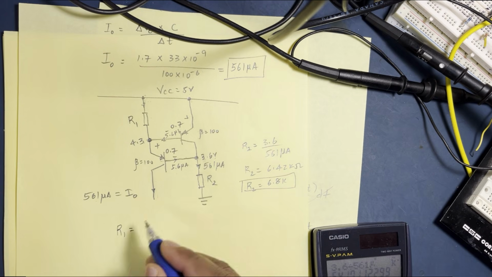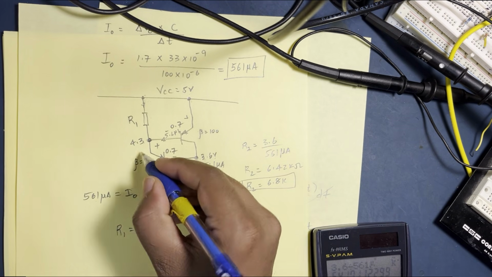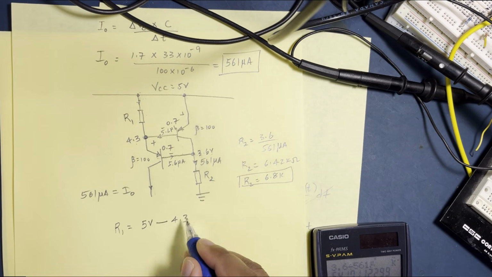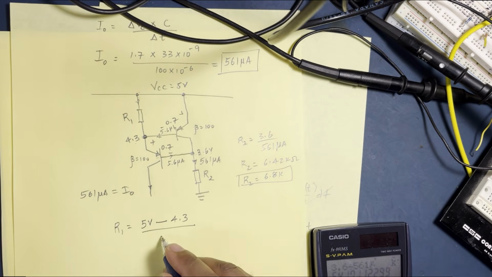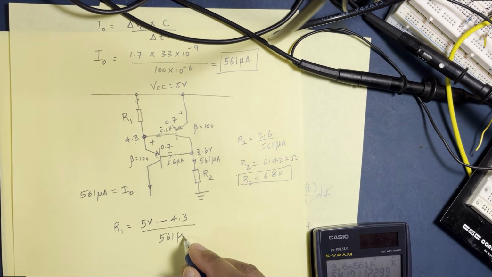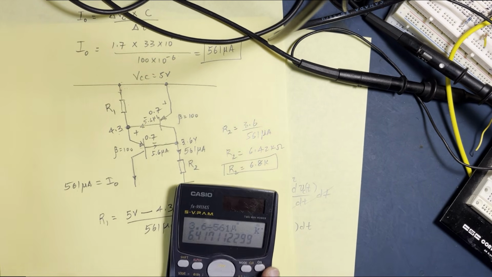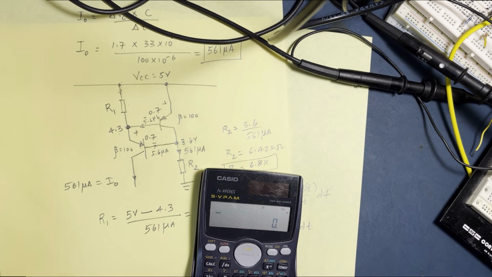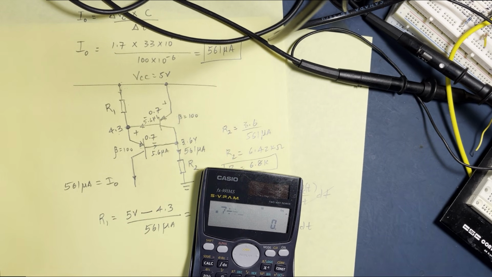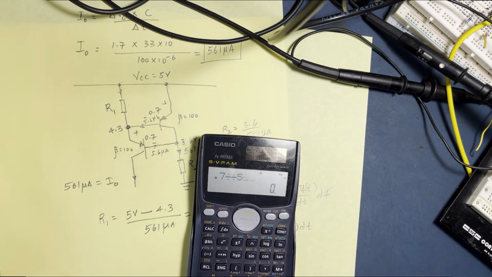So R1 then is 5 volts minus 4.3 divided by 561 microamps. Now we get that. That is basically, we said 0.7, simple, right? 0.7 divided by 561 microamps, right?